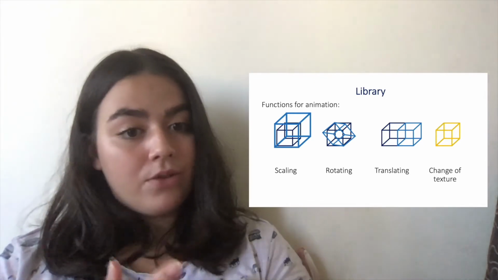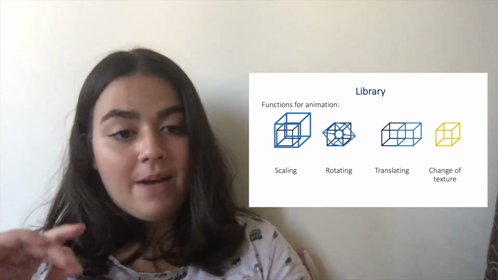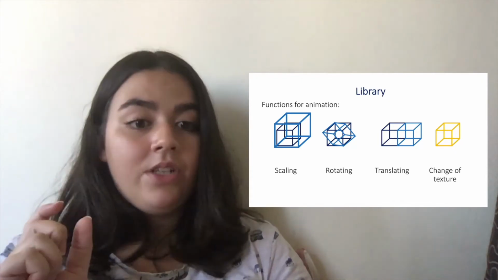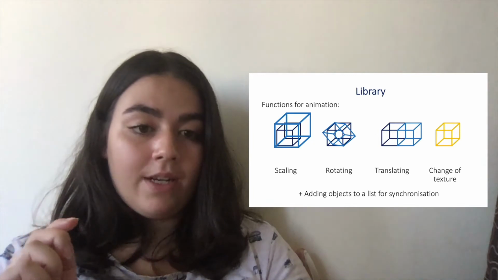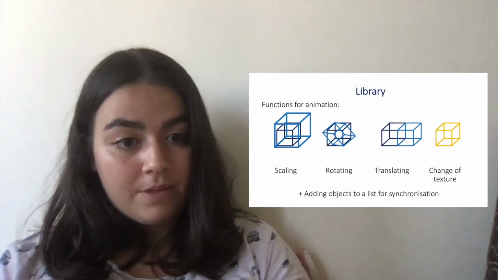I just created those functions which do the action as normal. But apart from that, they will also put the objects that are being changed into a list so that when a synchronization happens, the master will send this list of the objects that have changed and the position of them. And we can actually make the synchronization of the animation happen.